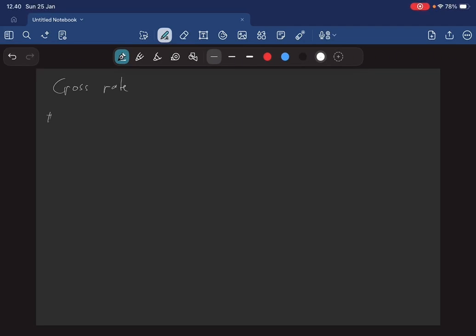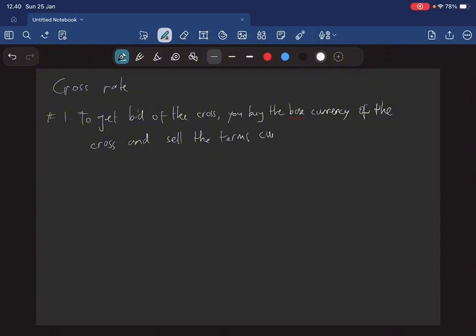So to get the bid of the cross, you buy the base currency of the cross and sell the terms currency.